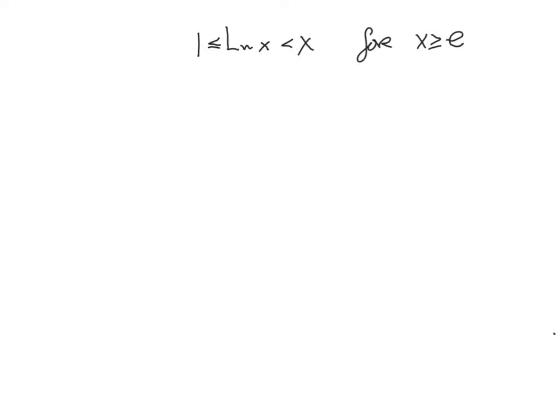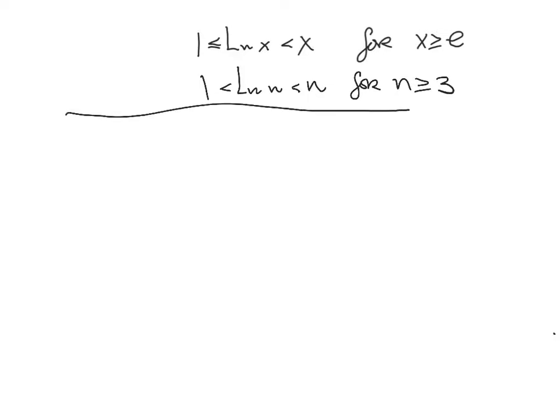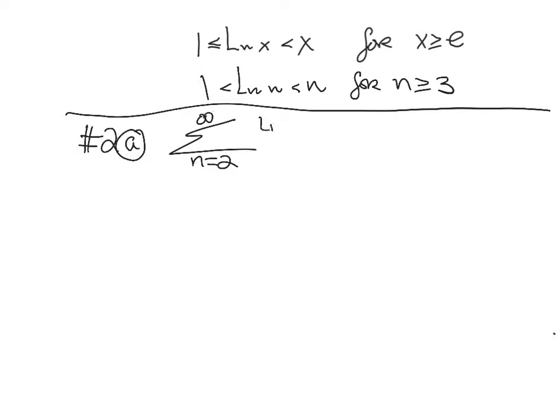So starting at e, natural log of e is 1, and then it gets bigger after that, but it can never be as big as the x that you input into it. So if we restrict our input to positive integers, we have this nice inequality for the log: ln of n is bigger than 1 and smaller than n for n greater than or equal to 3.